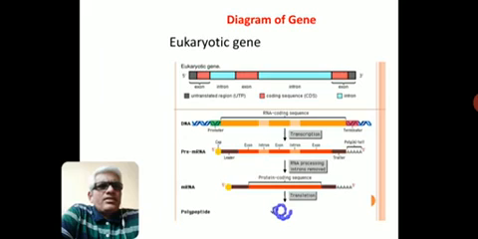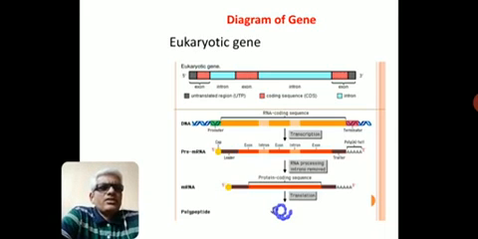Friends, there are two types of genes, eukaryotic genes and prokaryotic genes, present respectively in eukaryotic and prokaryotic cells. We will study the differences in a later lecture. The eukaryotic genes are defined by an exon-intron pattern, having a promoter part, an enhancer portion as well as a termination portion, which encodes the polypeptide chains.